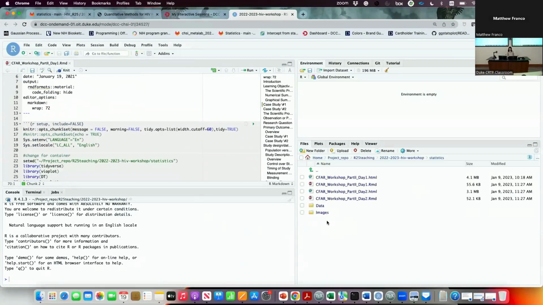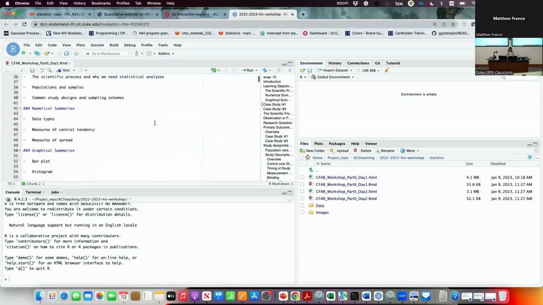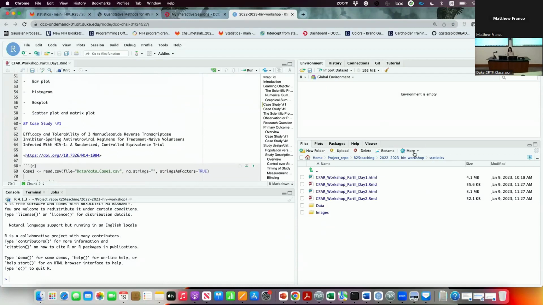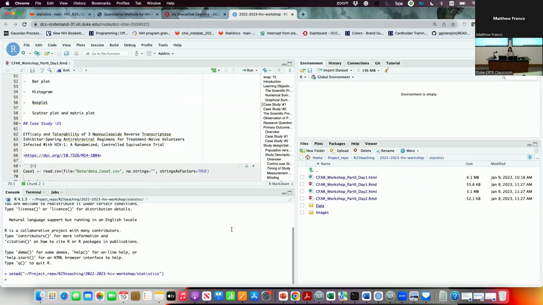Do you see it? You click on the statistics folder, click on more, and set this as a working directory.